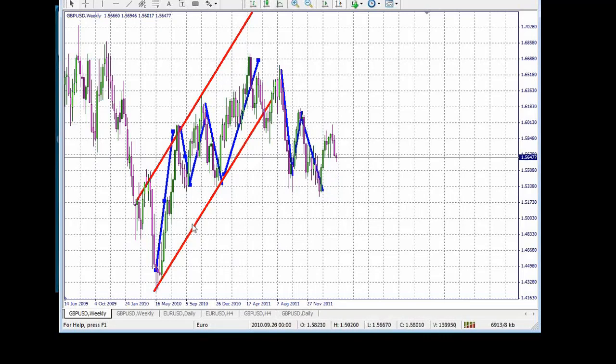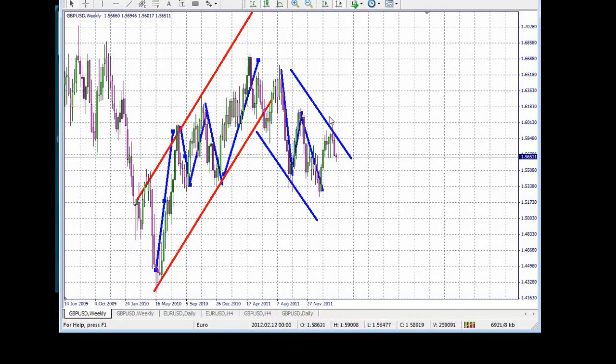To be more precise, how does this theory help us? Somehow you can draw a channel for those impulse or corrective waves. So I can have the same kind of channel here, and we have an idea about how the market is moving.